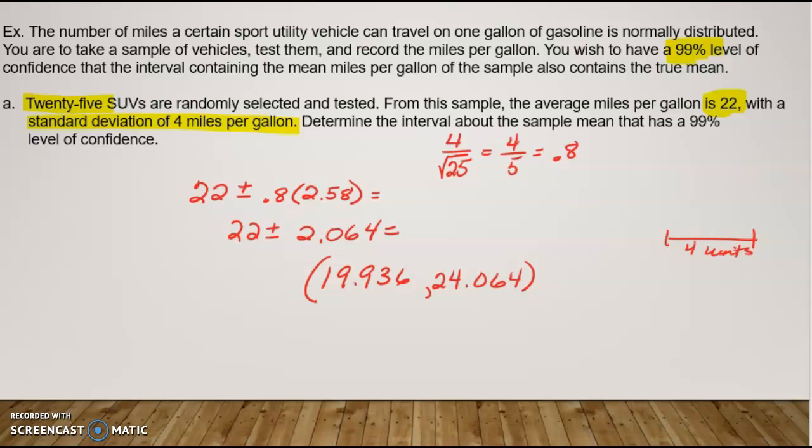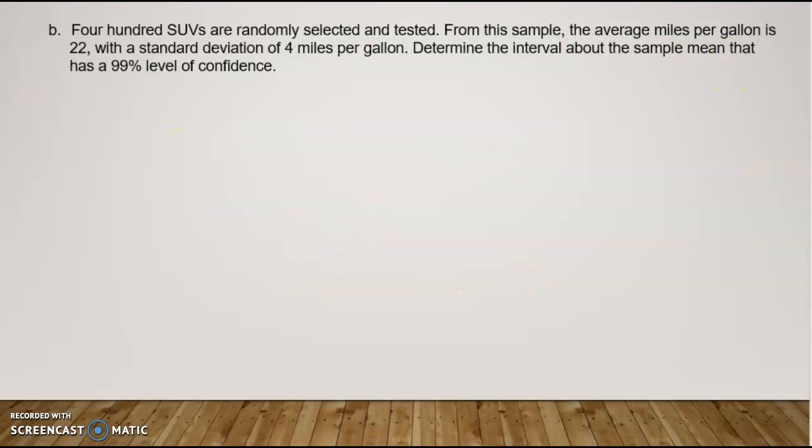Now, on the next interval, we're upping it to 400 SUVs. I still got the 22, still got the standard deviation of 4. So we're still doing the same thing, but it'll be the 4 divided by the square root of 400, which is 4 divided by 20, or 1/5, which is 0.2.